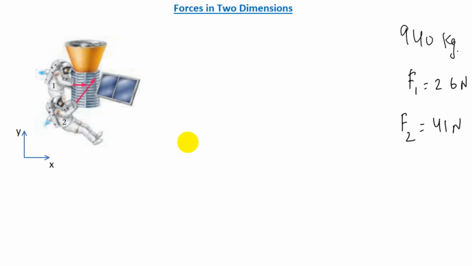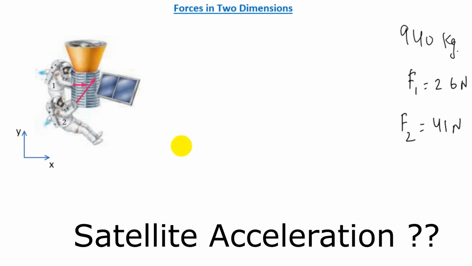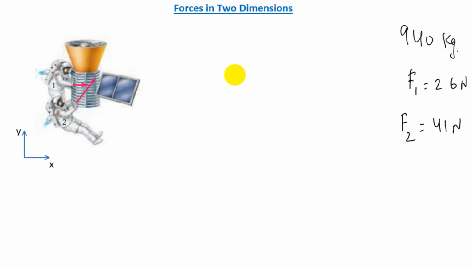Now, can you figure out the direction and the magnitude of the satellite's acceleration? Yes, we can. We can find it by calculating the ax and ay components of acceleration separately and then combining these components to find the acceleration and its direction.